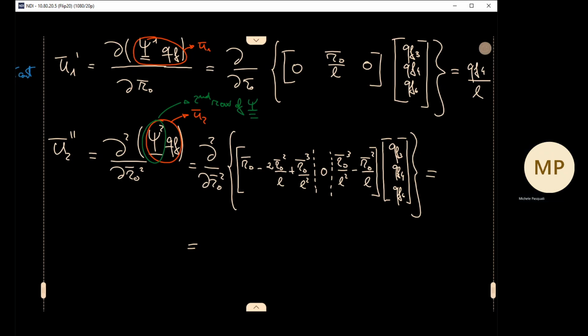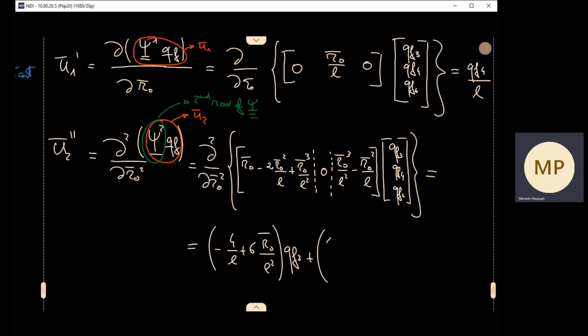Okay? So if you do the calculation, you get the following. Minus 4 over L plus 6 over R0 over bar divided by L squared times QF3 plus 6 times R0 over L squared minus 2 over L multiplying QF6. Okay?